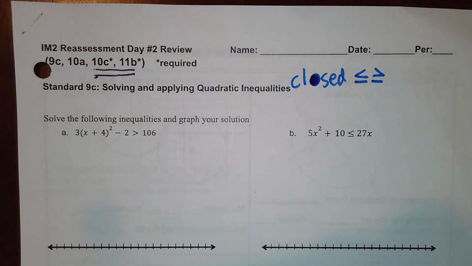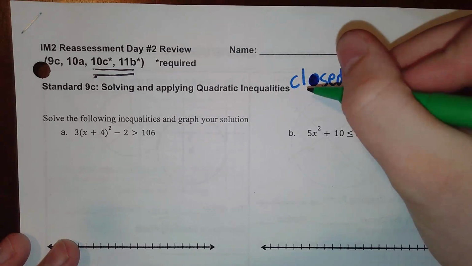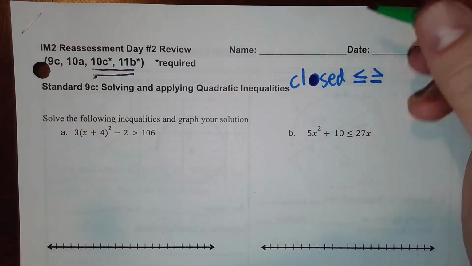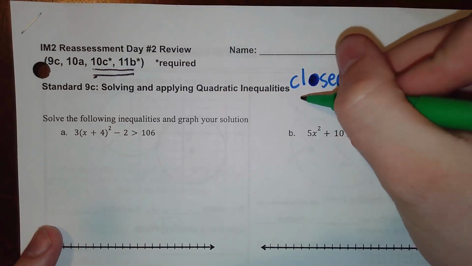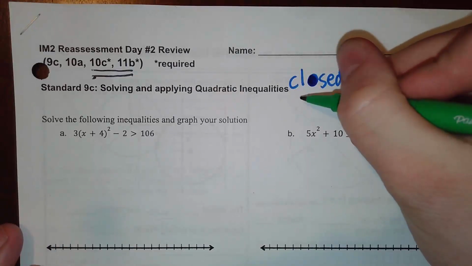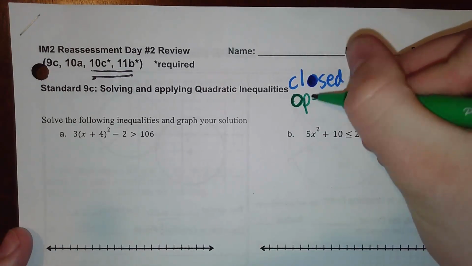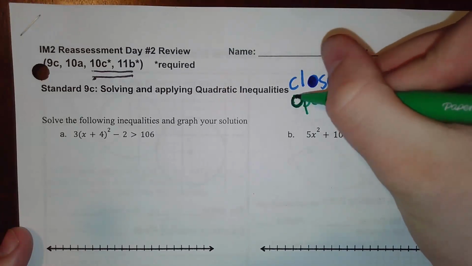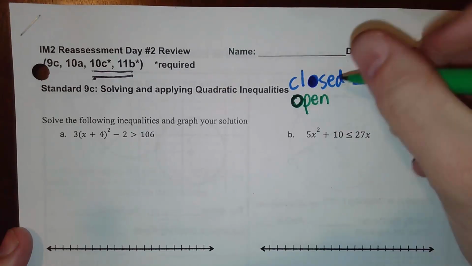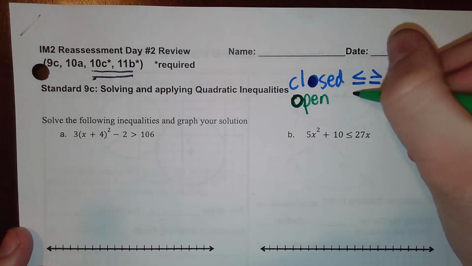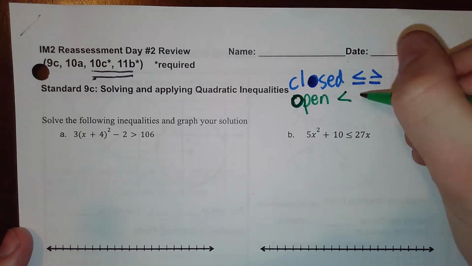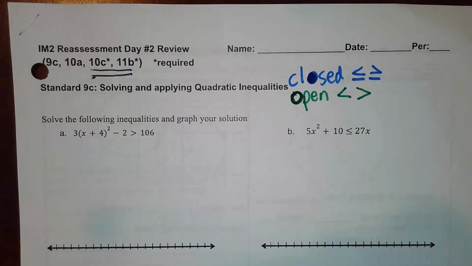Then the second type of solution could be that it isn't a solution really, that it's open. So notice the circles or the dots can either be open or closed. It's open if it's greater than or less than. Something to keep in mind.